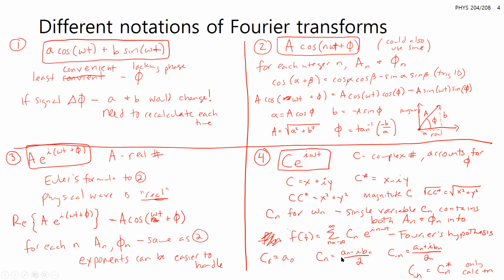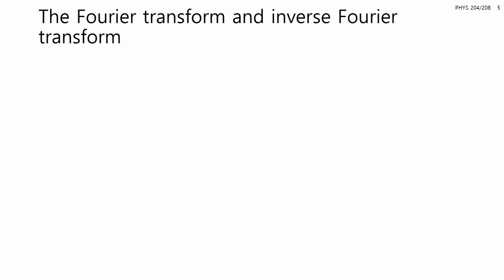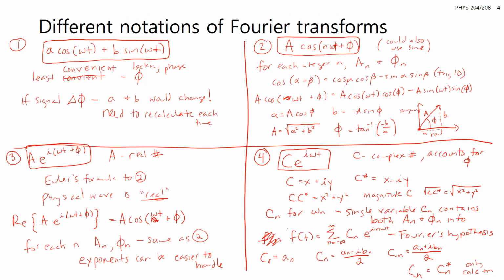If you want to convert between the lowercase constants out front to the uppercase ones, you can also convert between the second and third notation to the fourth notation. Thinking about this plot here, I'm going to star it. The plot is a nice way to think about going between those constants as well.